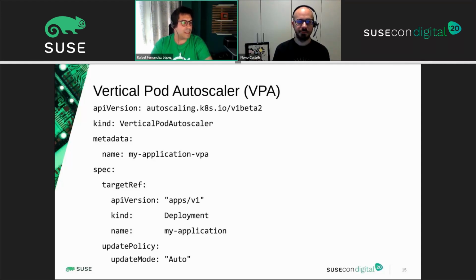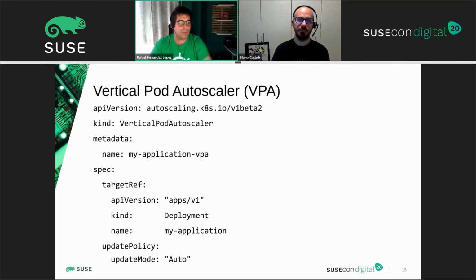In this case, the update policy is auto, which means it will check whether the recommender matches what it actually has. If not, it will kill the pods that don't match the recommended status. And if that happens, Kubernetes will recreate those pods out of the box. This is the regular Kubernetes operation, because you usually are using higher level abstractions, as Flavio said before.